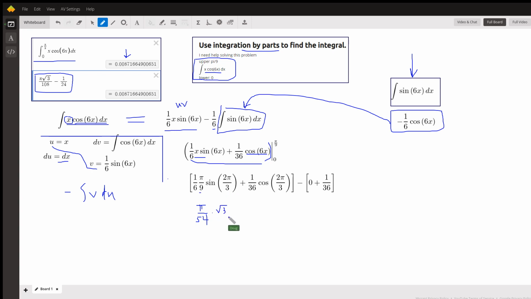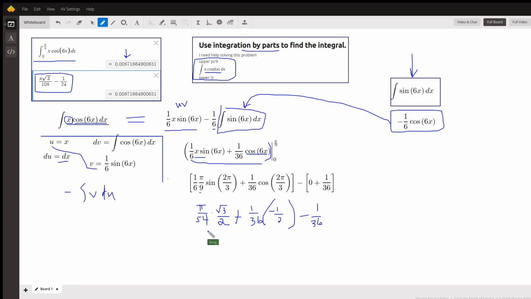I'll let you use the unit circle or a 30, 60, 90 right triangle to confirm that. Plus 1/36 times the cosine of 2 pi over 3, which is negative 1/2. And then minus 1/36.